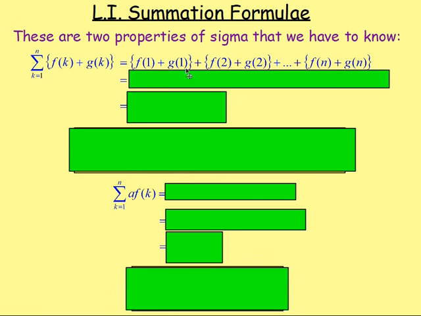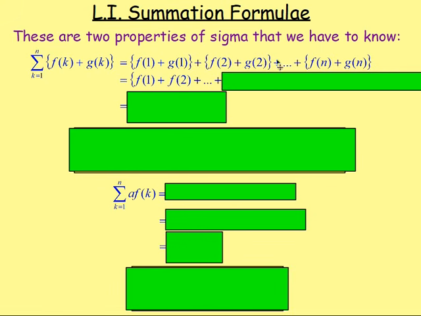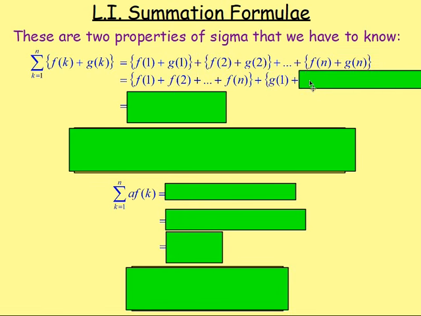Good. If you get rid of these brackets though, you could put all the f's together. So you'd have f of 1 plus f of 2 and so on, all the way up to f of n. And then you'd have g of 1 plus g of 2 plus g of 3 and so on, all the way up to g of n.